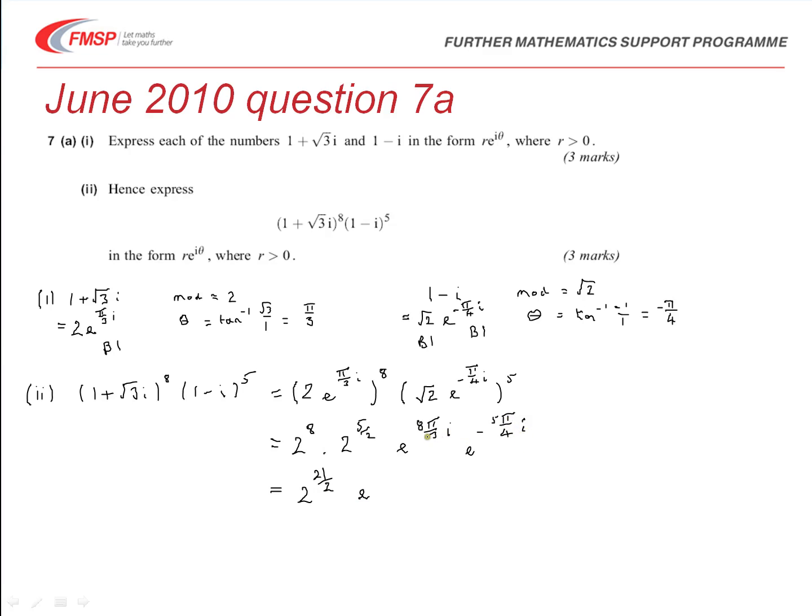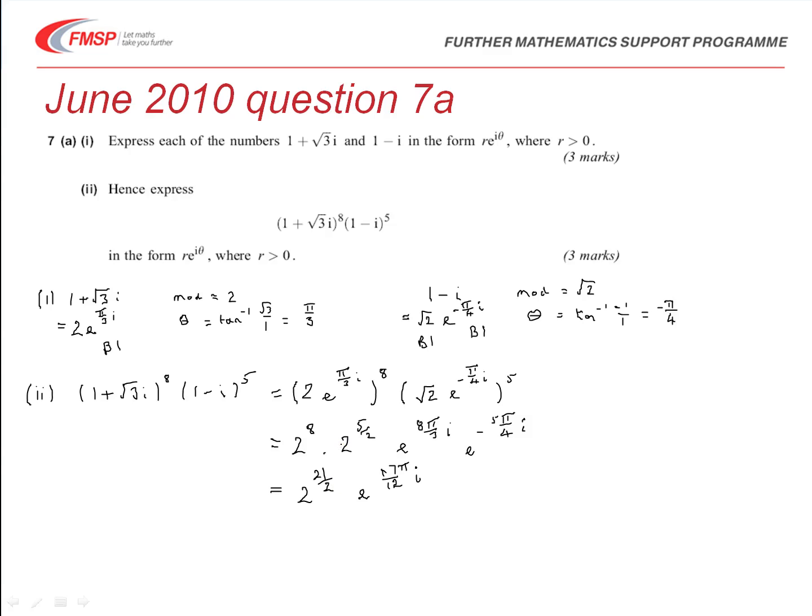So we need a common denominator again. So in that case, it will be over 12. So it's going to be 32 over 12 minus 15 over 12, which will give us 17 over 12, or 17 pi over 12 lots of i.